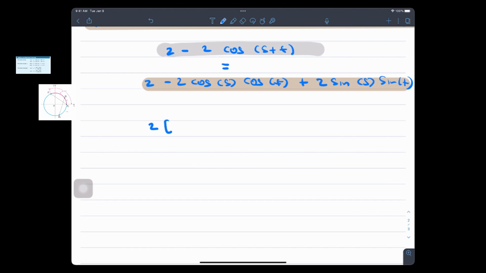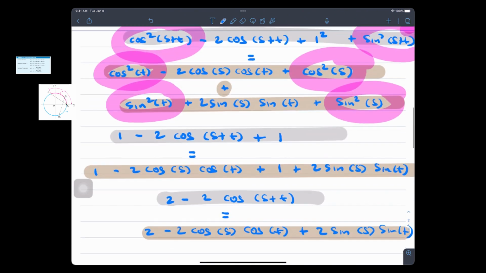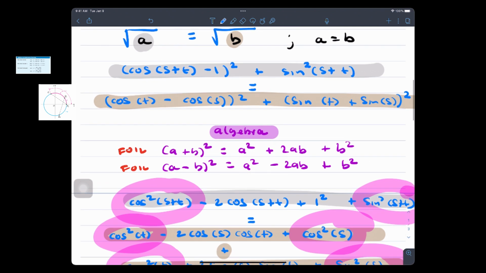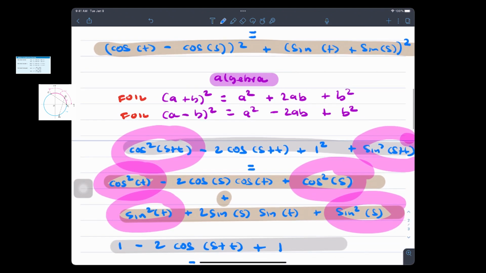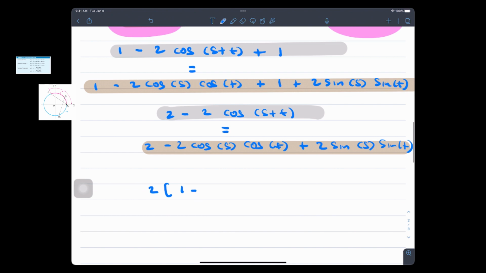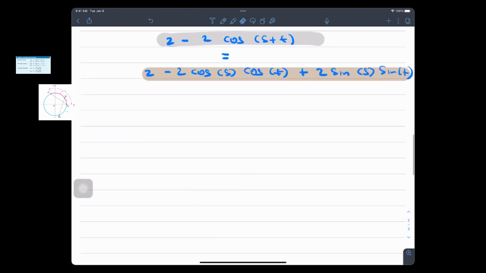Factor out the 2. 1 minus, and did we make a mistake? No, I think we're okay. Yeah, we're good. Well, we don't have to factor the 2 out. Here's what we're going to do. So this is where we're at.